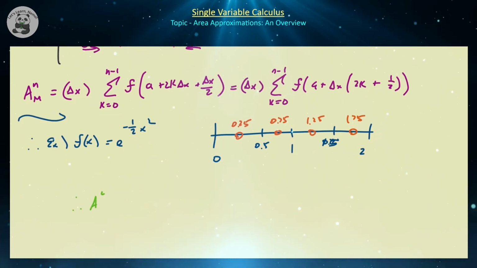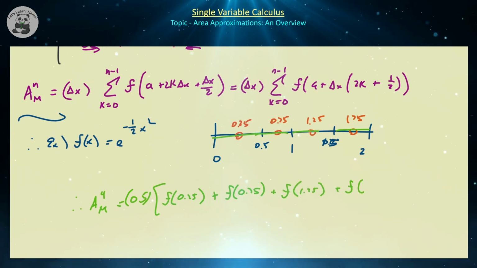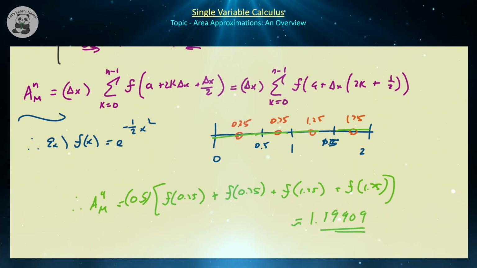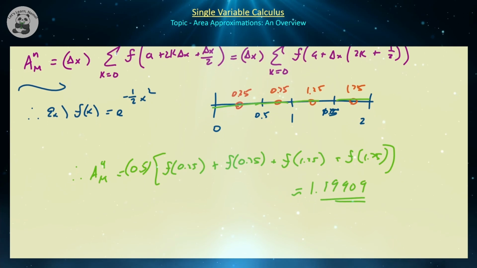So that means A_M will be equal to 0.5, because that's still the length of each of our rectangles, times f of 0.25 plus f of 0.75 plus f of 1.25 plus f of 1.75. And one can find for this particular function that it's approximately equal to 1.19909. And if you remember the exact value, that's pretty close, right?